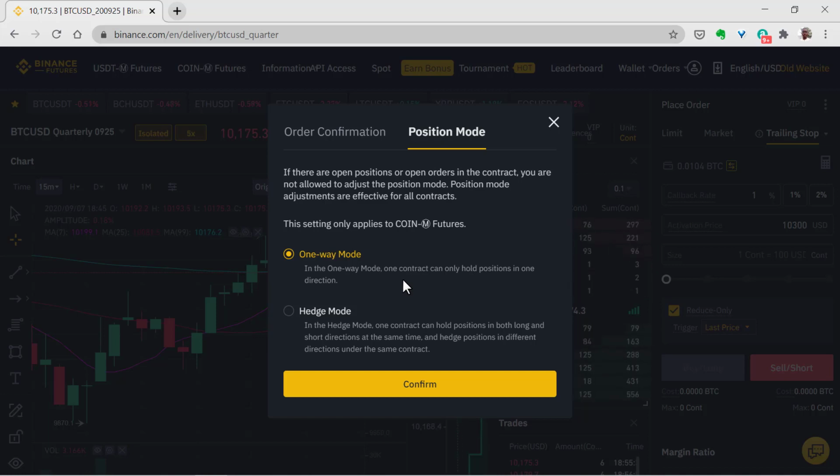So basically, if you have opened a long position, you cannot open a short position simultaneously. But with hedge mode, you can open both long and short directions on the same contract at the same time. So that is what that is. It's a very useful tool for people who are looking to reduce their risk exposure by hedging.